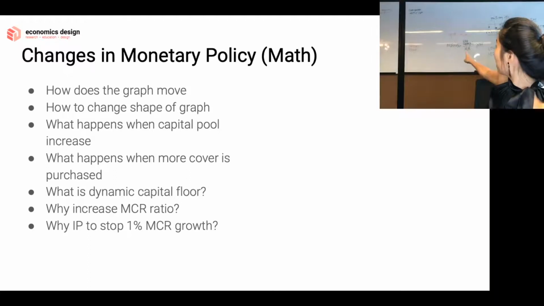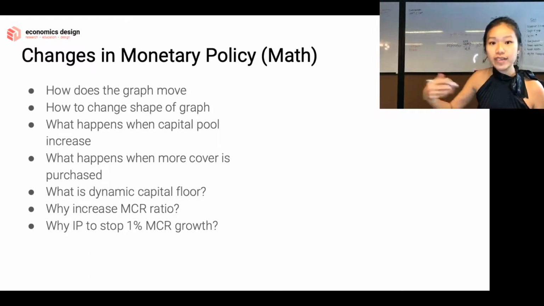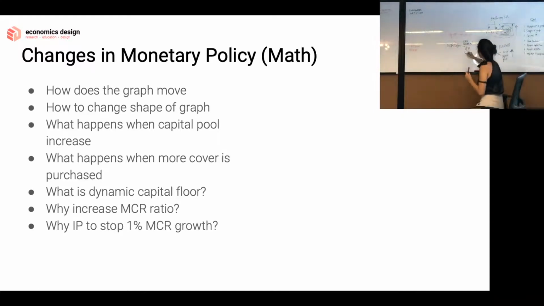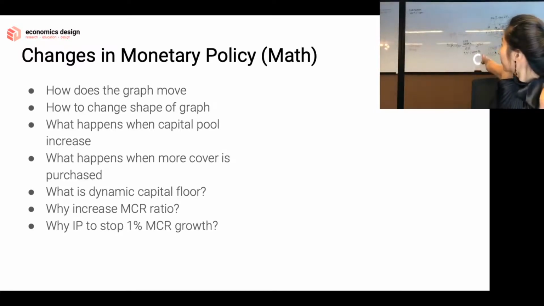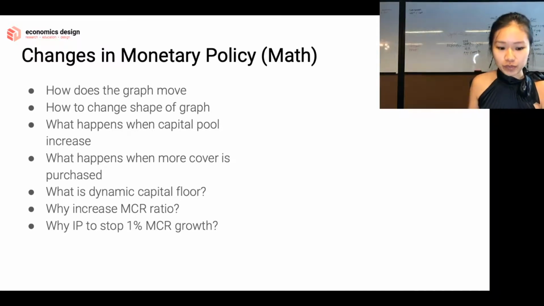If we look at the capital efficiency again, we are increasing MCR by 1%, right? It means that our MCR ratio will drop. Previously, I think at one time this MCR ratio was 143%, which is good, efficient use of capital, right?